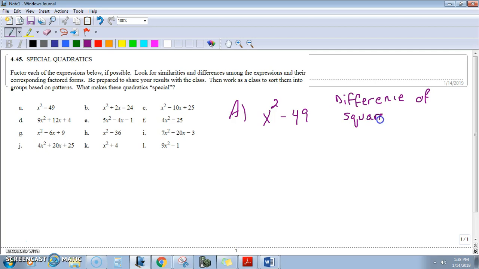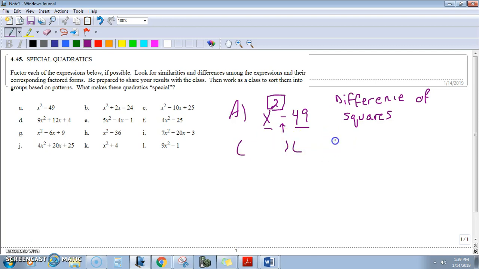And what that looks like, the reason I recognize this is here's my subtraction, okay, and I only have two terms, and the first one has degree 2, which means the exponent is 2, and the second one has degree 0, which means the exponent is 0, but when the exponent's 0, we don't actually see it. And we're subtracting.